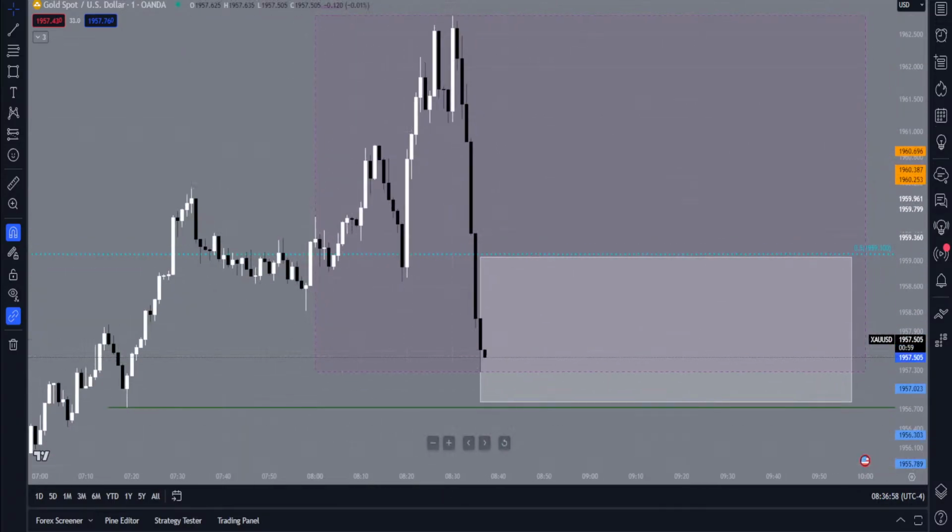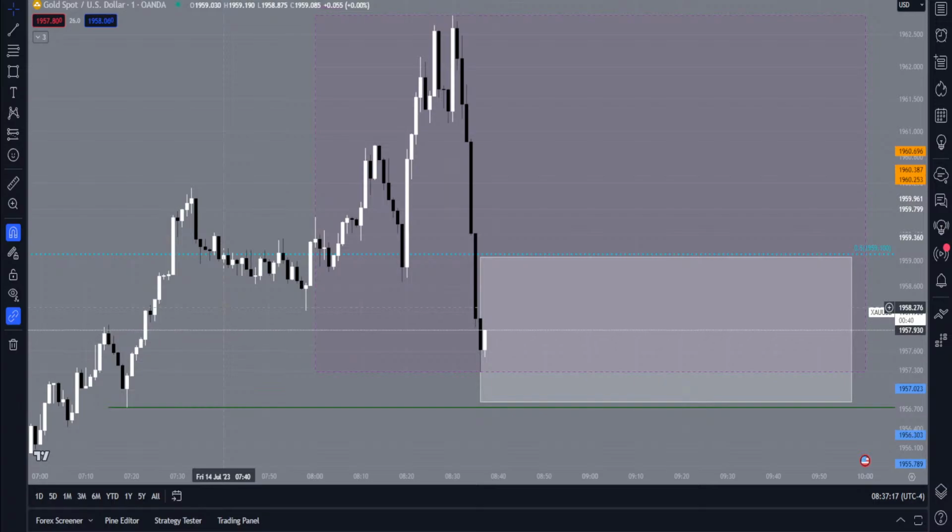Okay, so remember there's two types of entries. I think you should stick, if you're having success with the engulfing entry, just stick to that then. Because yes, it's gonna have losers, but every type of entry is gonna have its losers, right? This week it may lose 2-3 times in a row, but then next week it wins all 5.